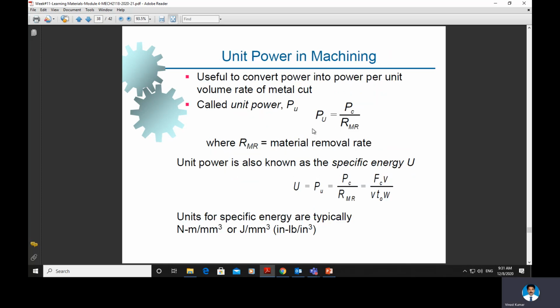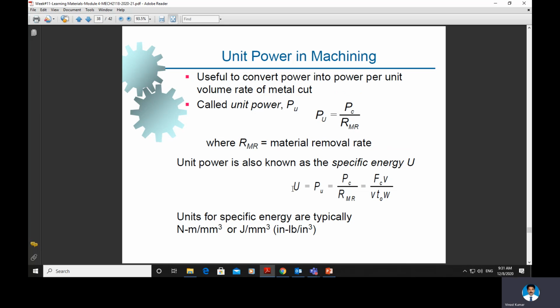The unit power can be calculated as the ratio of power required for cutting to the material removal rate. So the power required to remove a certain amount of material is called the unit power.